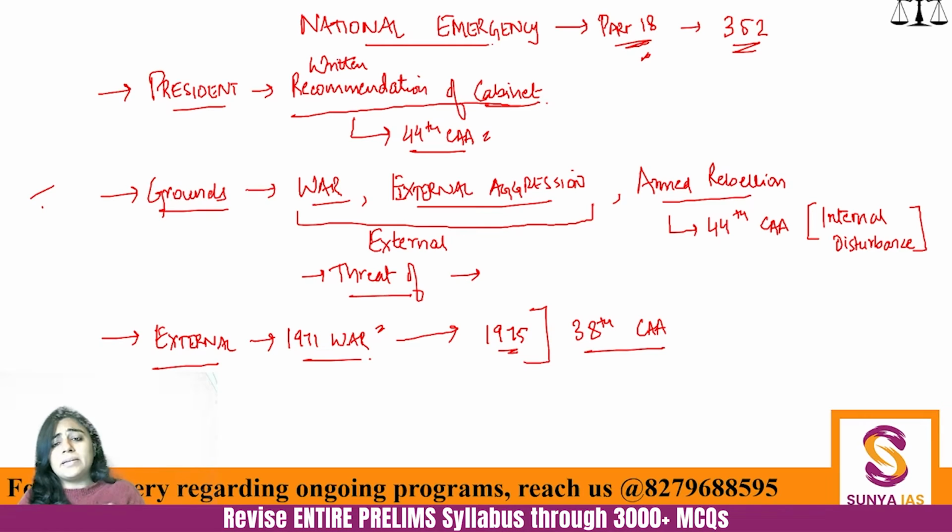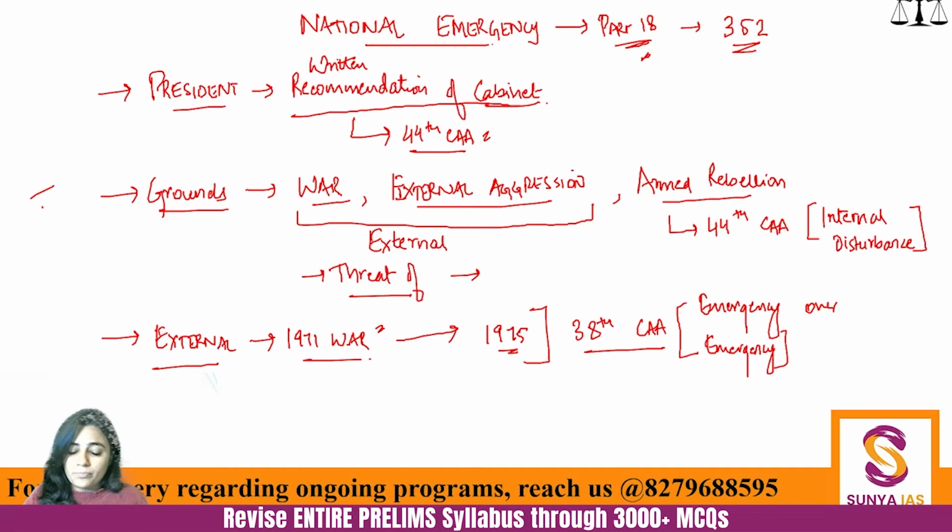So what you can simply write is: 38th constitutional amendment, emergency over emergency can be imposed. Always keep very short, crisp notes that you can revise at the end of your preparation, not at the beginning of your preparation.